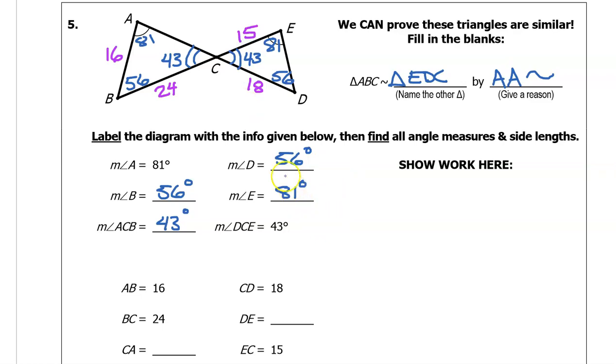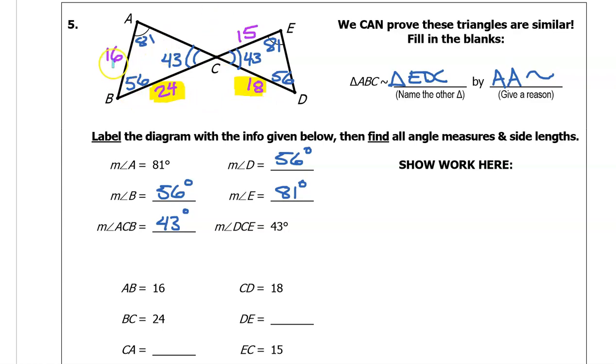Okay, let's match up the corresponding sides. So you can tell that these are basically mirror images of each other. Even though this one is smaller, you can see that they are sort of reflected. So I know that, for example, the 24 and the 18, those are clearly corresponding sides.